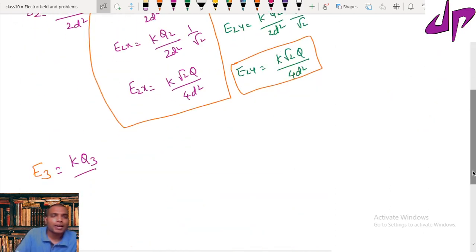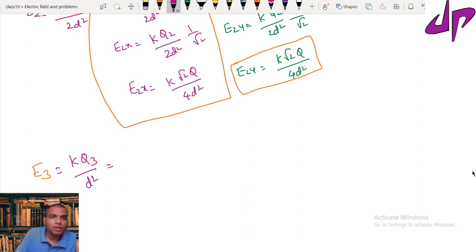So you can write kq3 by d square. So this is only resolved into components; I can write E3x component goes to 0, but the component of E3 along the y direction goes to kq3 by d square.